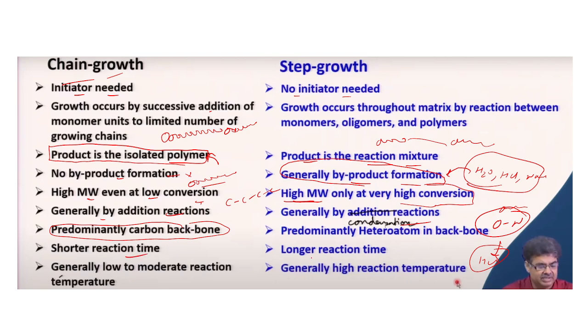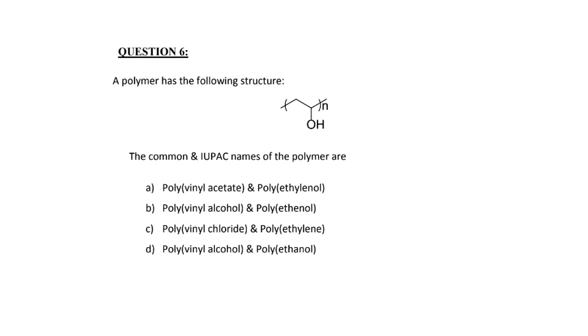Chain growth has a shorter reaction time, but step growth takes longer. Chain growth generally uses low to moderate temperature, but step growth requires high temperature, because it produces a viscous polymer, and to handle it you need stirring, high temperature, pressure and so on. So I think up to question 5 it is clear.